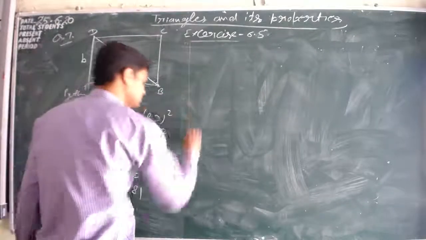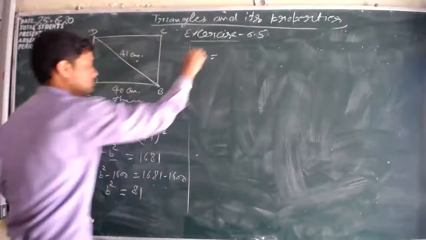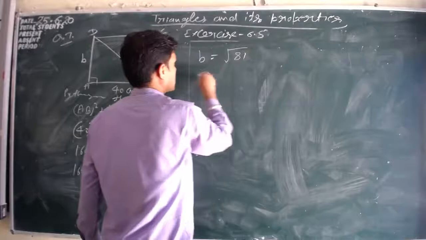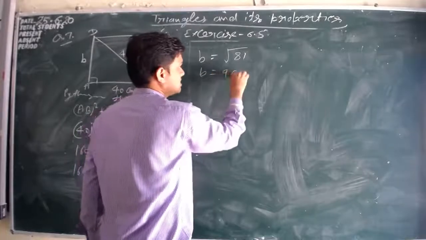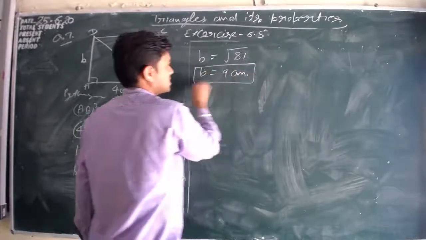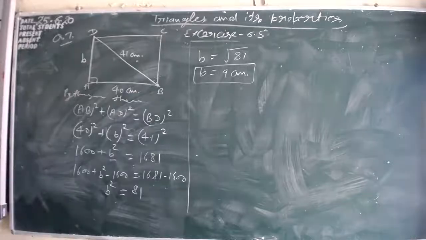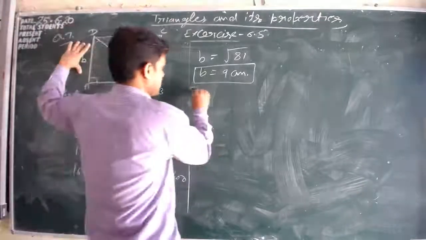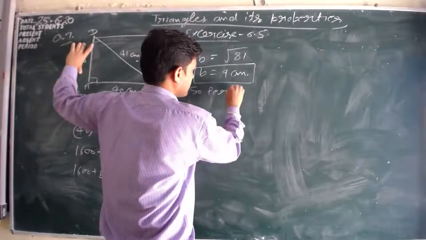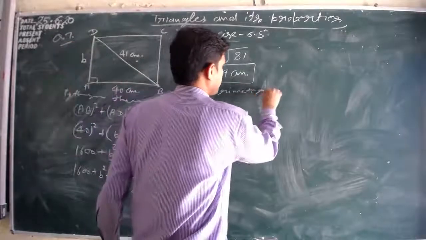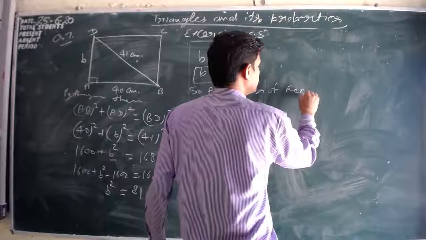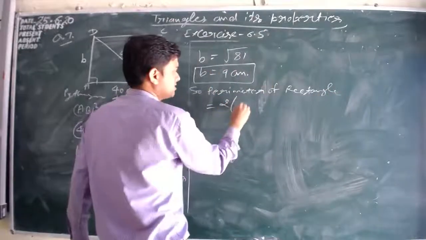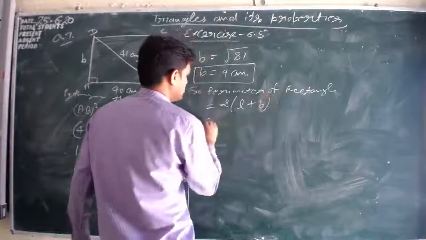Now b is equal to the square root of both sides, so the square root of b square is b, and the square root of 81 we calculate, that is equal to 9 centimeter. That's your answer. So the width is 9 centimeter. The perimeter of a rectangle is equal to 2 into length plus 2 into width.